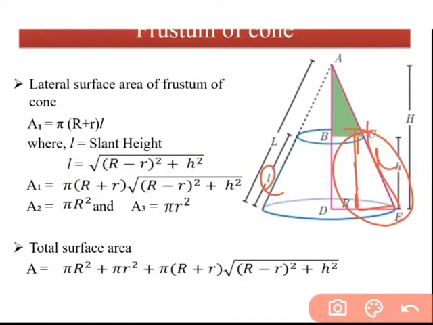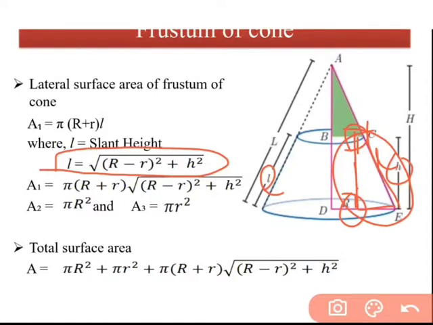So l square is equal to the height small h square plus the radius capital R minus radius small r, whole square. So the slant height l is equal to the square root of h square plus (capital R minus small r) whole square.